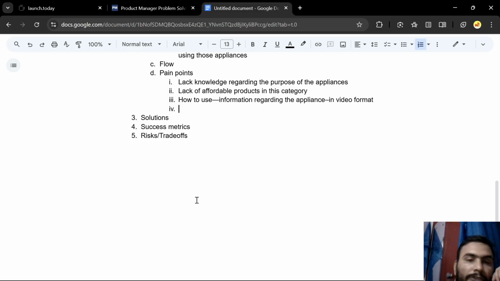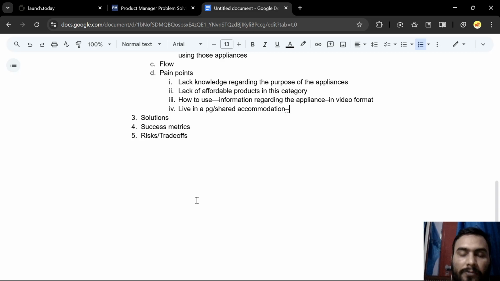And what other pain points do they have? Supposing that many of the students live in a certain PG or a certain location. Although this is less likely, it is a case that they live in a PG or shared accommodation.